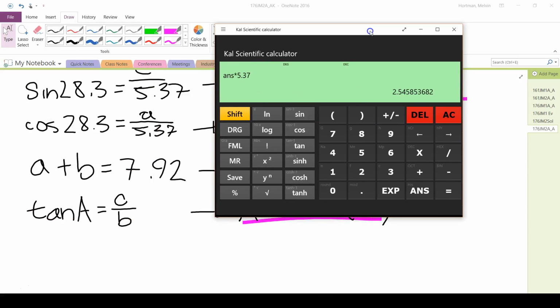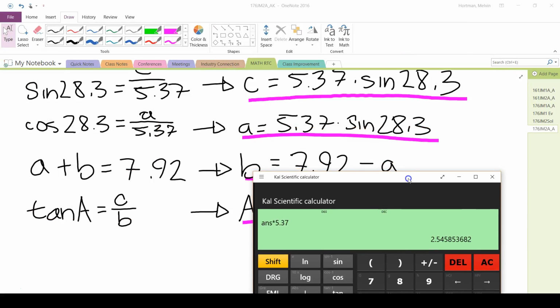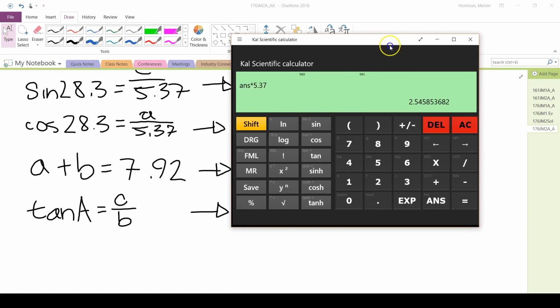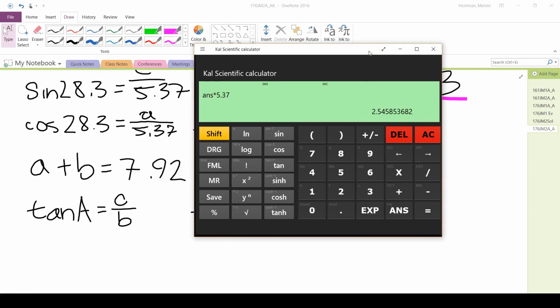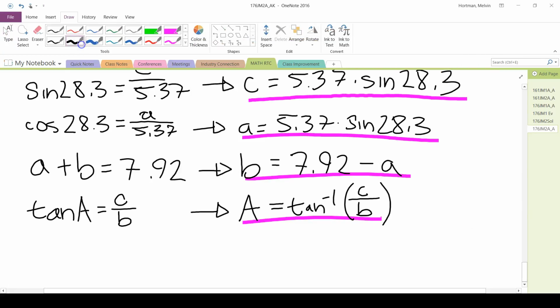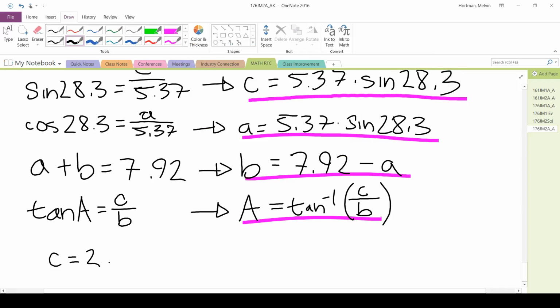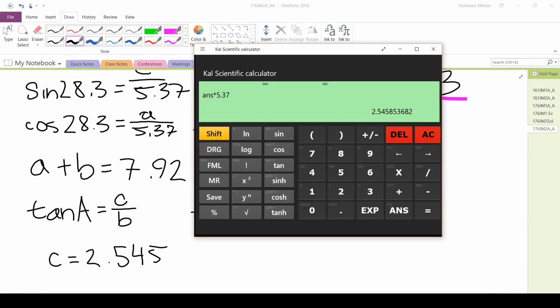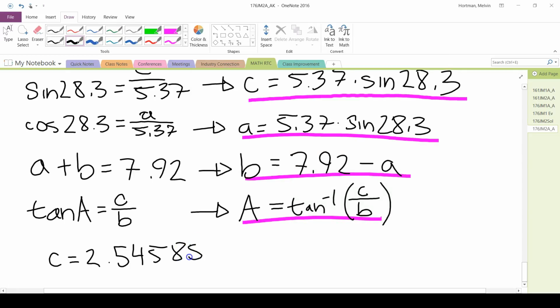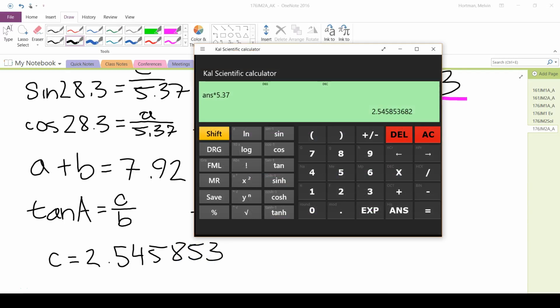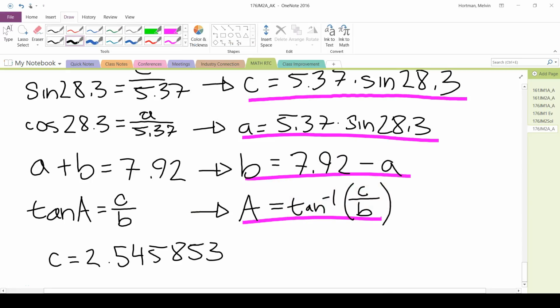So C equals that. So I'll write that down. C equals 2.545853682.